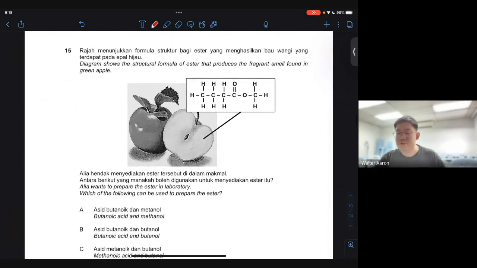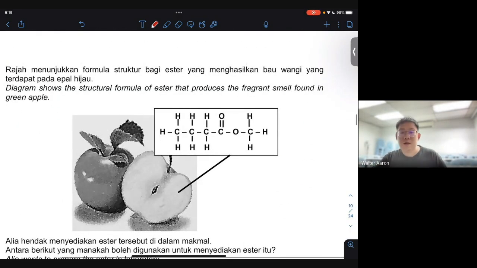Number 15, the diagram shows the structural formula of the ester that produces the fragrant smell found in green apples. Alia wants to prepare the ester in the laboratory. Which of the following can she use to prepare the ester? They give you the structural formula, and you just need to know the two small molecules that make up the particular ester.